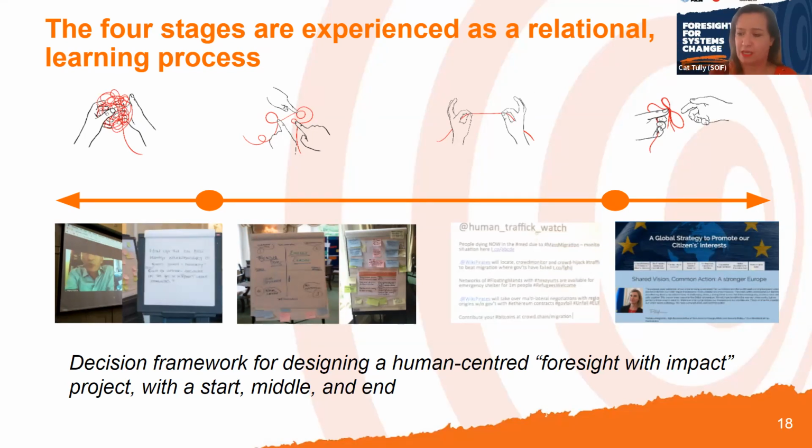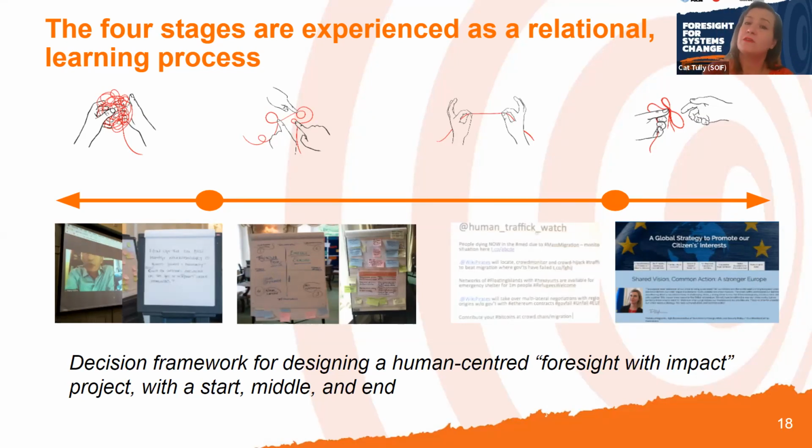It's a decision-making framework, if you like, a scaffolding that can help you design in the here and now a human-centered Foresight with impact project that has a start, a middle, and an end, but that really enables you to tap into all those forces that we've been talking about.